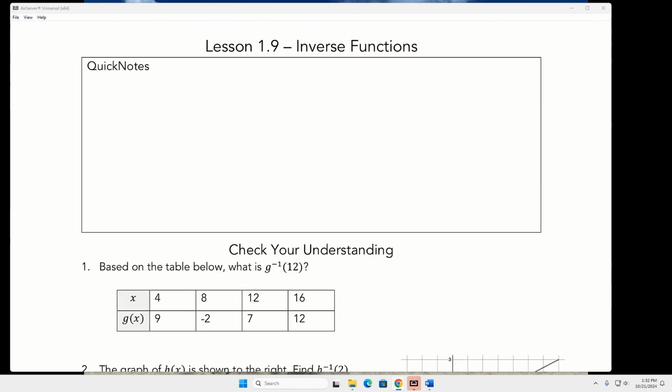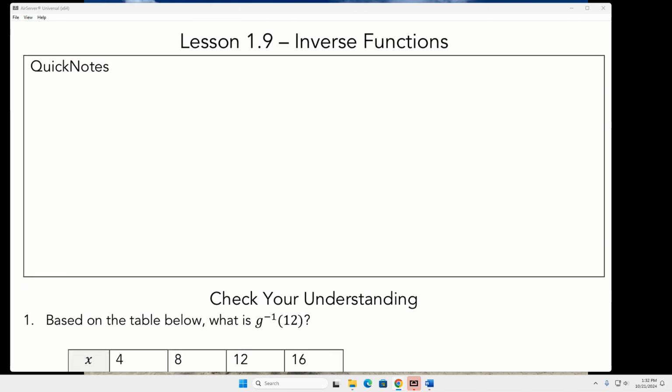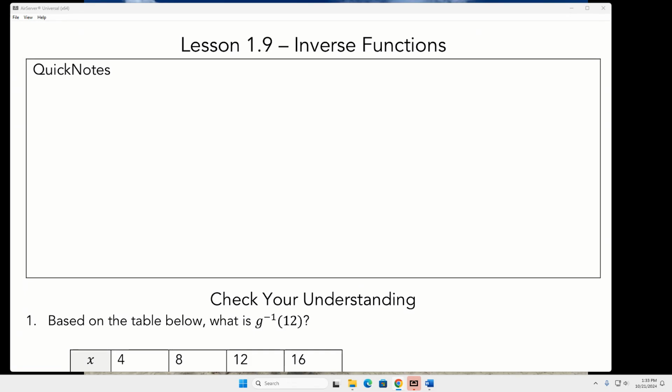Okay, so on the back, the main thing I want you to understand about inverses, and I'm not sure if people really get that this is what an inverse is, but an inverse will undo everything the original function did. So if you have a function and you plug in 9 and you get 30, that's not what happened on the other one.